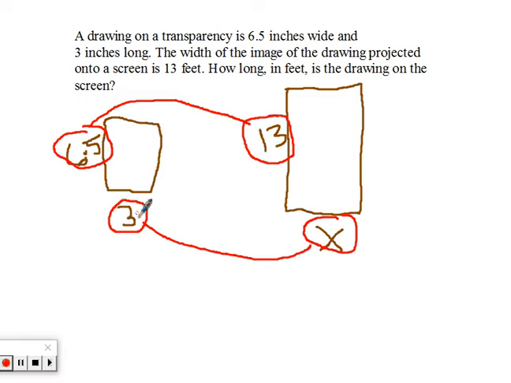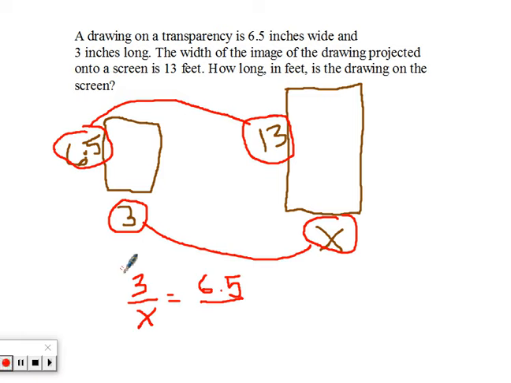So I'm gonna use this as the top number. That would be 3, and again that's connected to x, so I'm gonna put it on top of x. This is the smaller 6.5. Earlier someone asked me, which one do you put on top? Again, that's the cool thing about proportions.